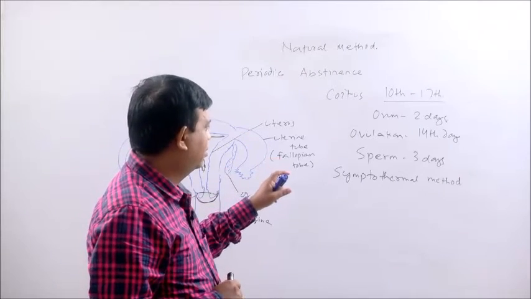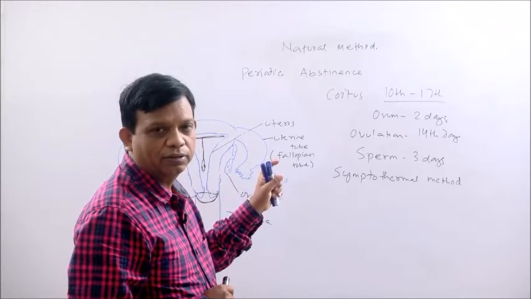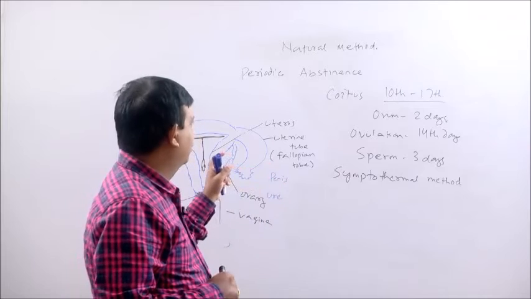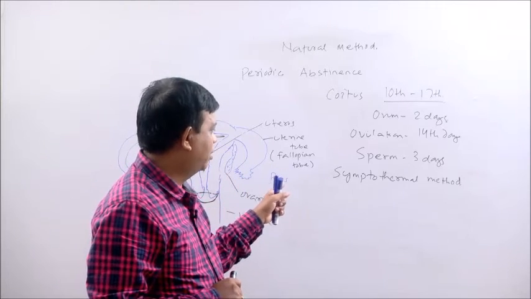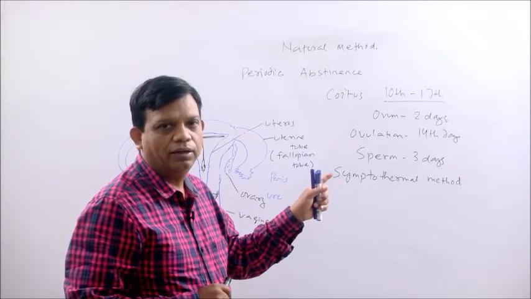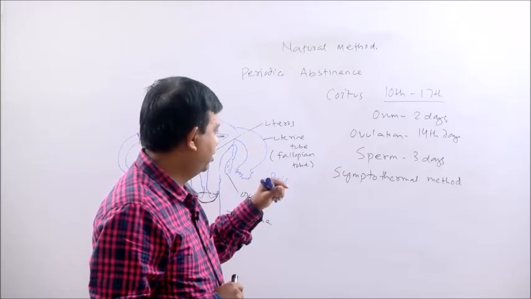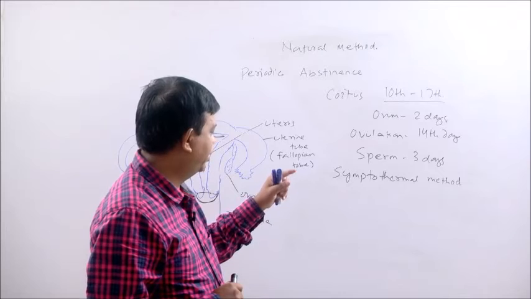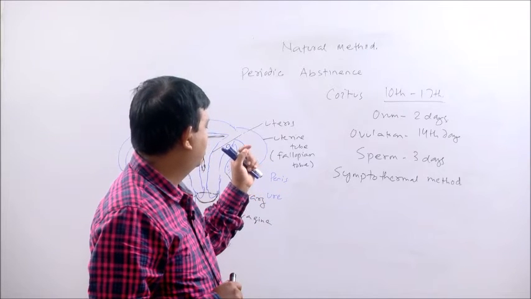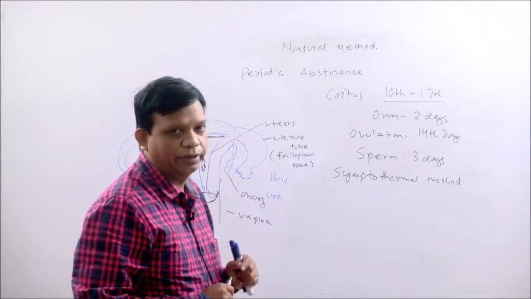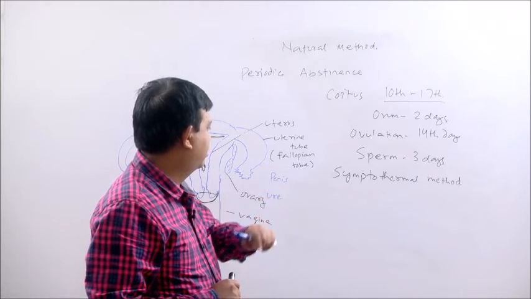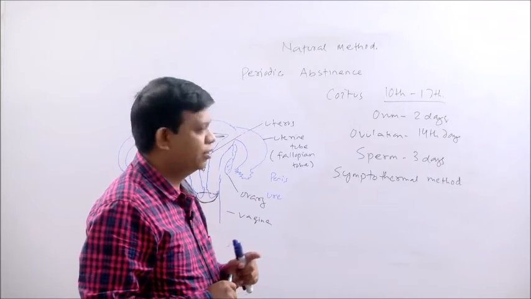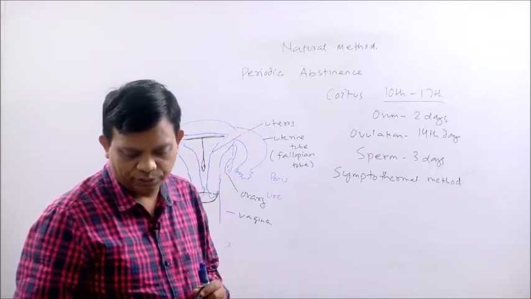So these are the symptoms of ovulation. During the period when these symptoms are there, and for a period of 3 days after these symptoms, coitus is to be avoided, so that the chances of conception are reduced.